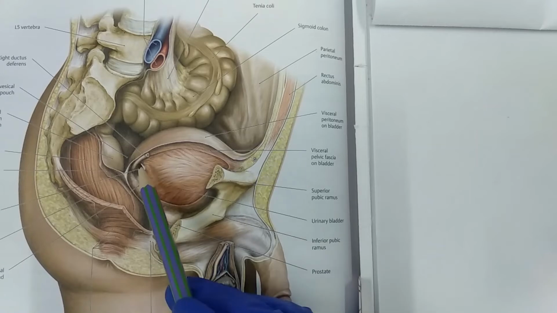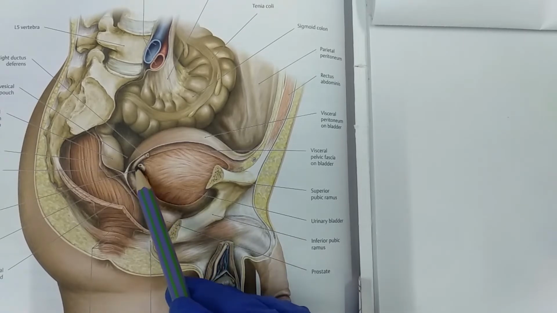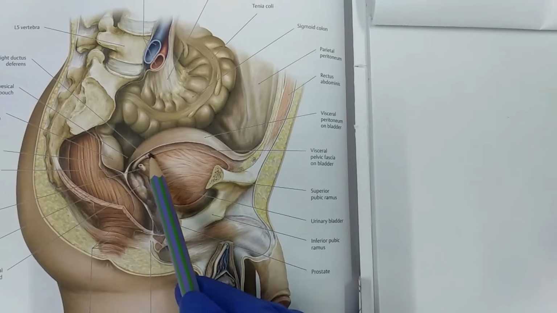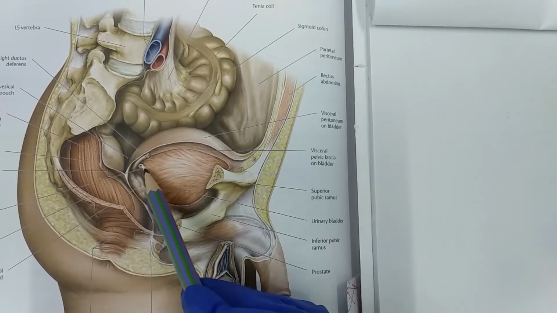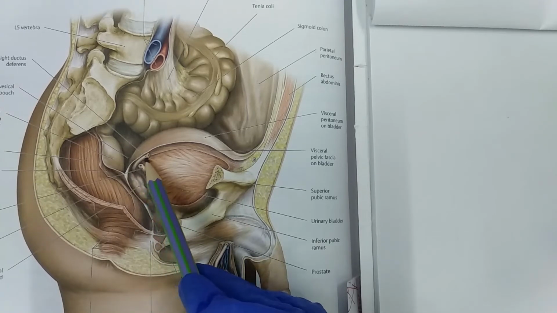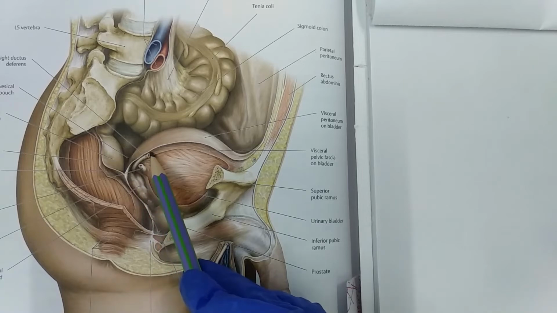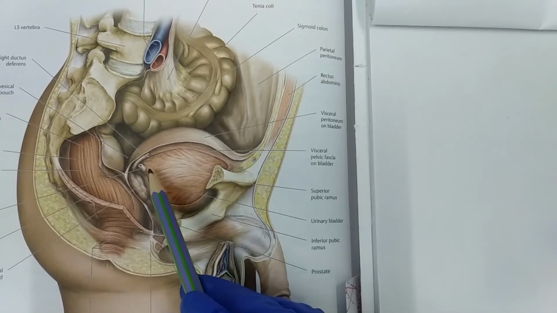You can see it crosses the ureter superiorly here. And the seminal vesicles lie below and behind the ureter. Here the seminal vesicles are lying below and behind the ureter, and the ductus deferens is crossing above, superiorly, from lateral to medial side. This is the relation of the terminal part of the ureter in the male pelvis.